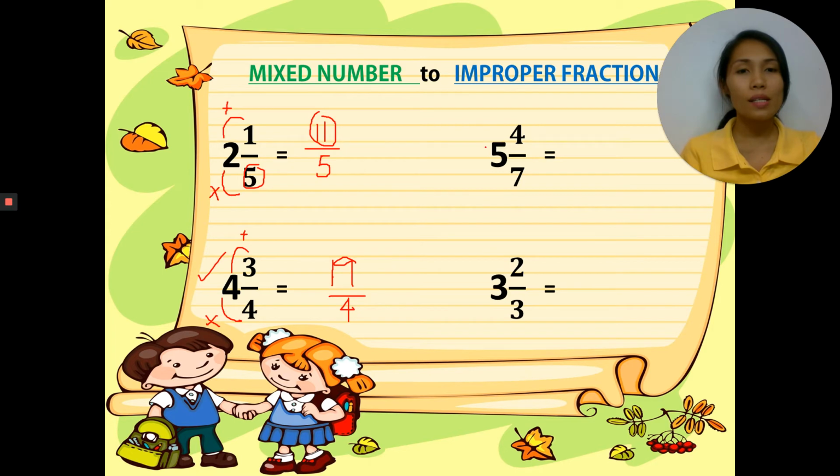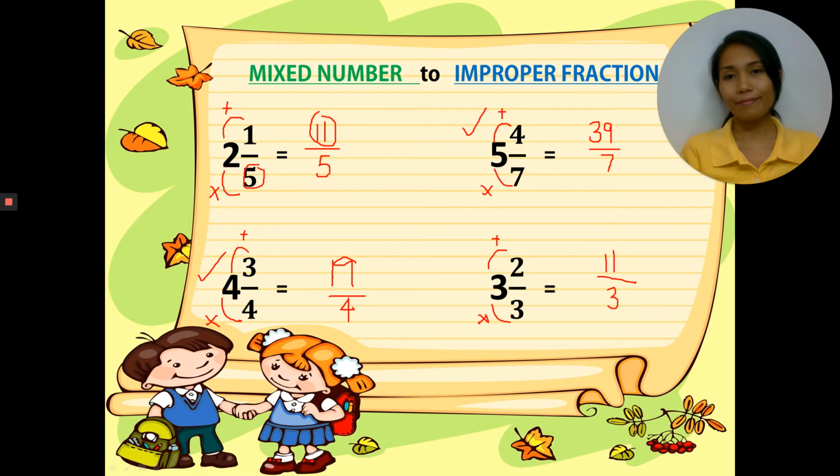Now let's try with this, with 5 and 4 sevenths. 5 times 7 equals 35. 35 plus 4 equals 39. Denominator is 7. That's it. How about 3 times 3? 3 times 3 is 9. 9 plus 2 is 11. So that's 11, denominator 3. All right. So that's it.